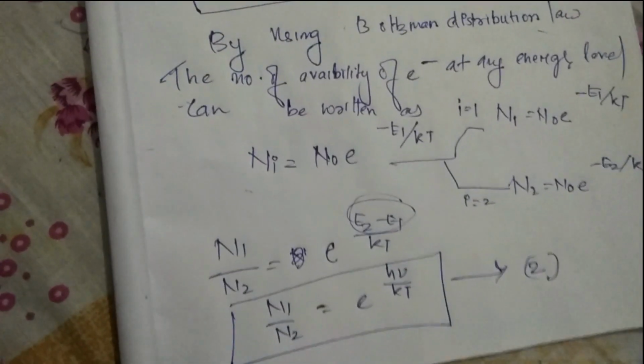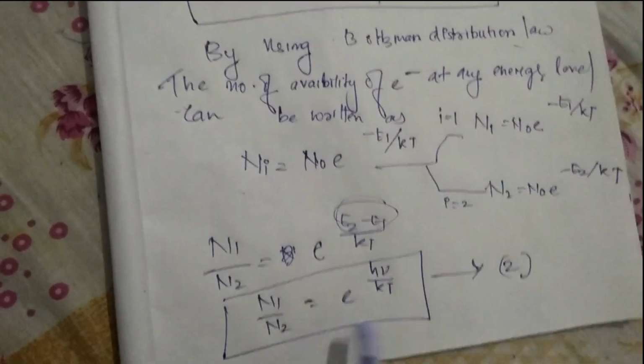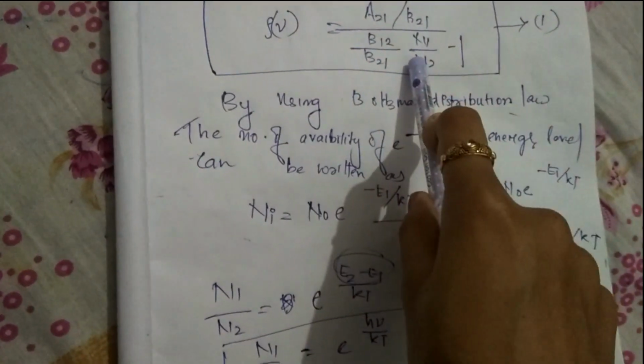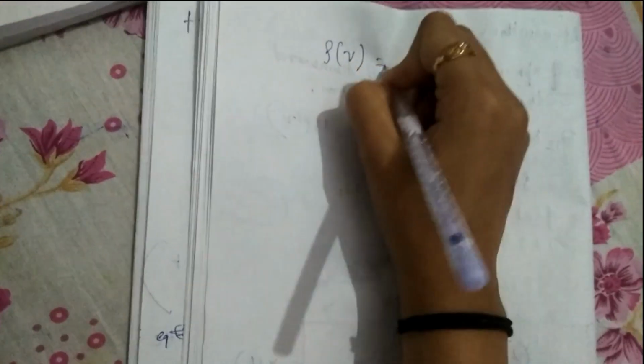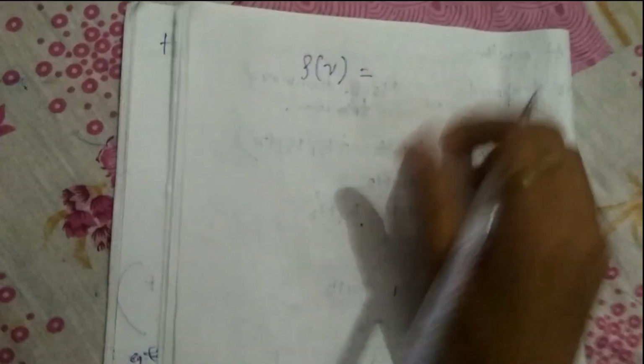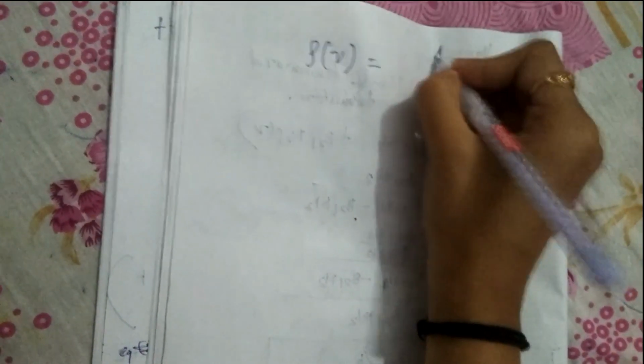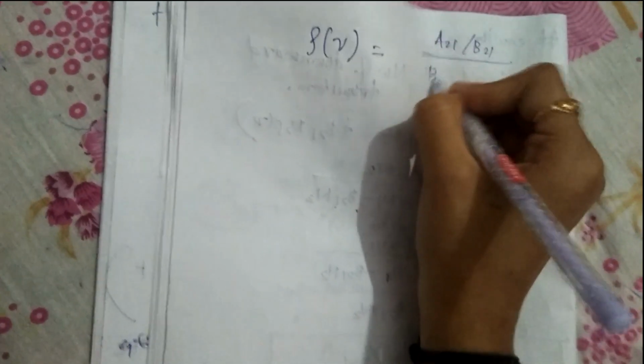Now what we can do? We can substitute the value in equation 2 into equation 1. We will put the value of N1 by N2 in equation 1. So rho nu equals A21 by B21 divided by B12 by B21 times N1 by N2 minus 1.